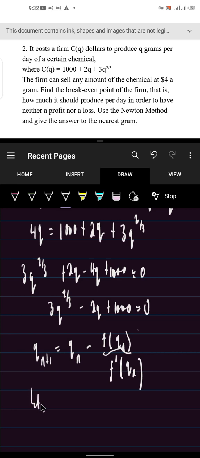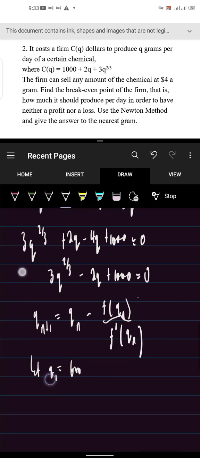Let q1 equal 600. Meaning that our n here is 1.